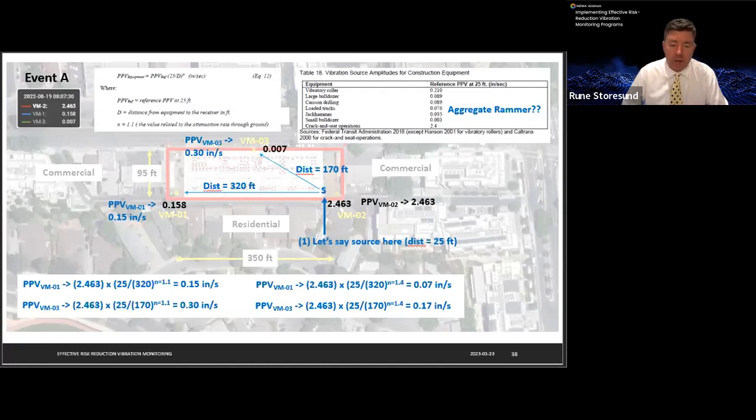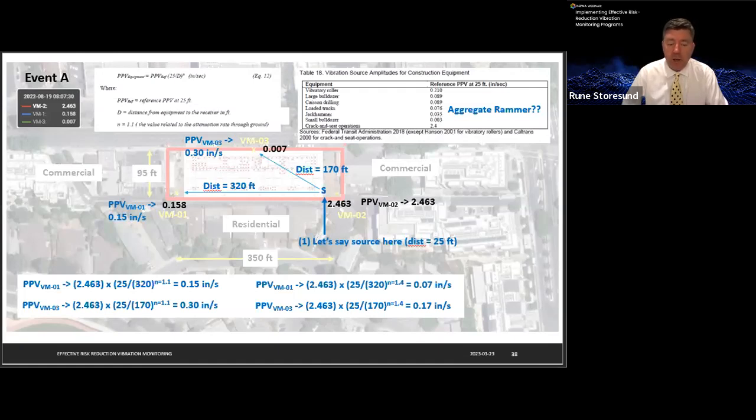The second observation is that the value reported at VM03 at the northern portion of the site is probably an erroneous number. VM03 is closer to the vibration source and would likely have a greater value than the reported value at VM01 in the southwest corner of the site.